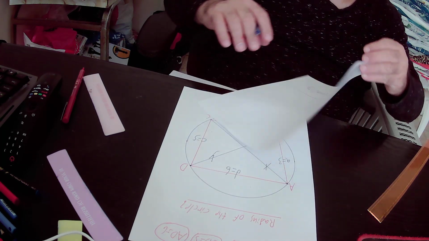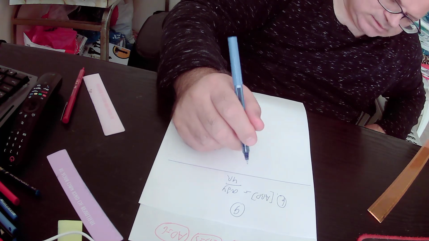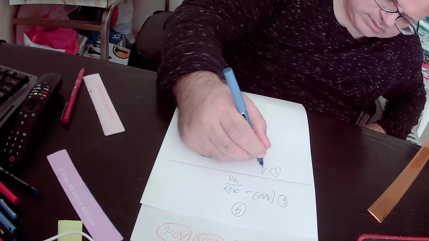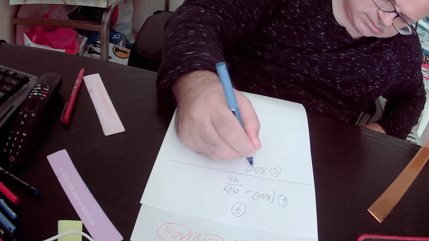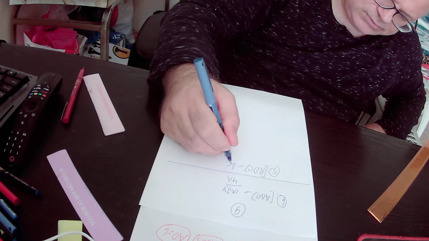But we have already found out that the area of triangle BDC, according to equation number 5, equals BCY over 4R.